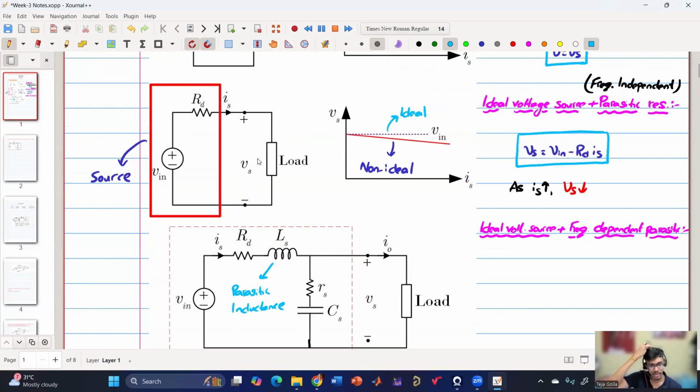And say we are having a load current that is in a square waveform. So let us assume the load current is changing like this, right? So this is my I naught. And then how will my V naught change?